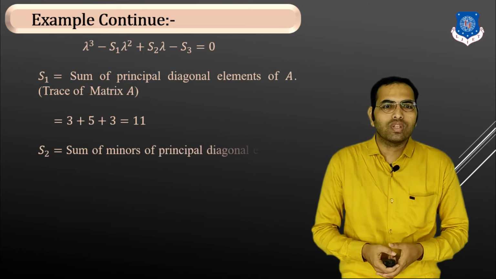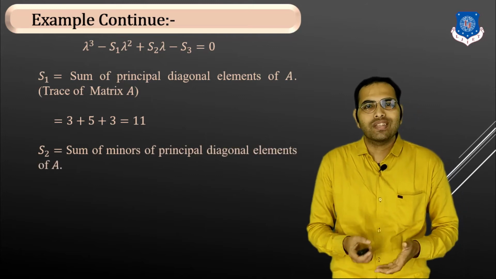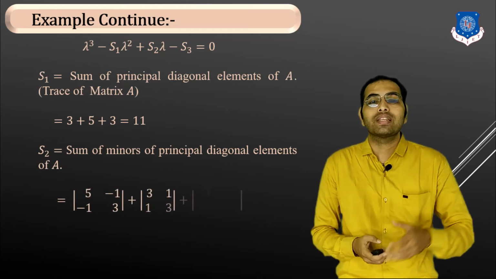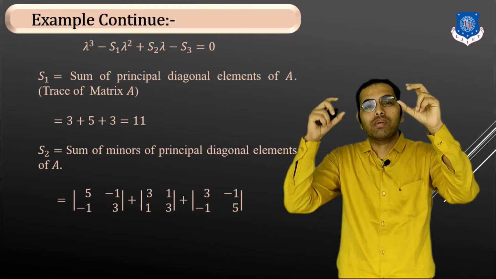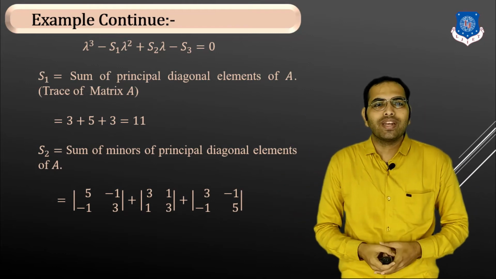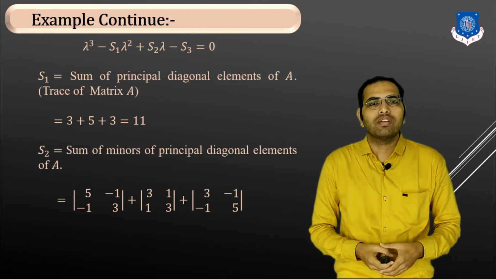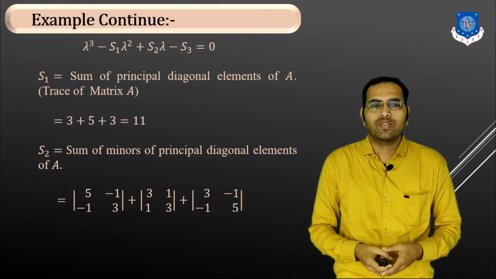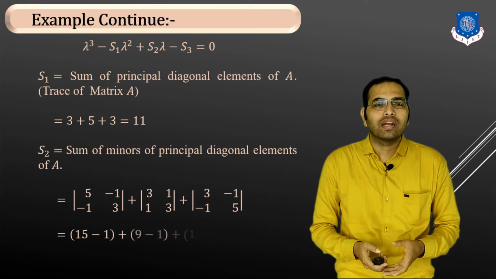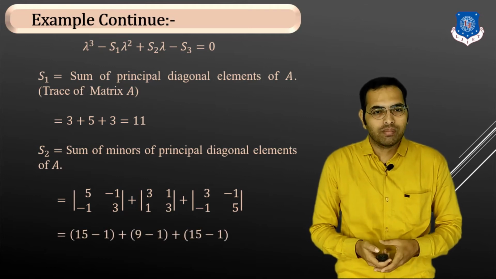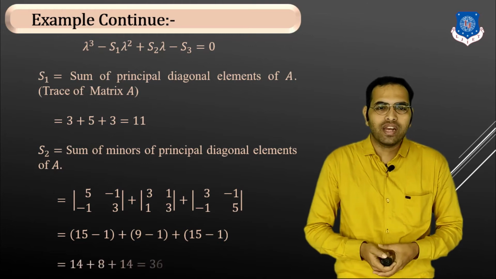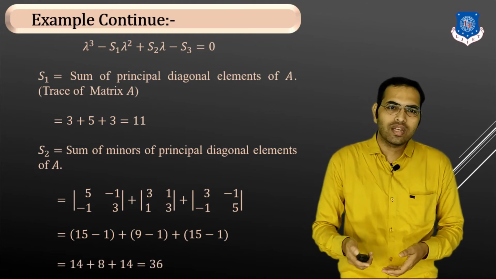Now s2 is the sum of the minors of the principal diagonal elements, that is minor of A11 plus minor of A22 plus minor of A33. That is the determinant [5 -1; -1 3] plus [3 1; 1 3] plus [3 -1; -1 5]. Expanding, 15 minus 1 plus 9 minus 1 plus 15 minus 1, and simplified 14 plus 8 plus 14, that gives 36.